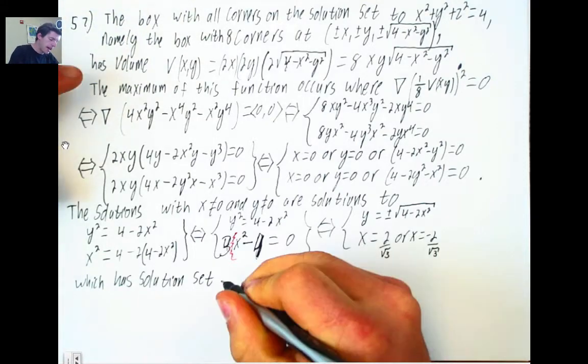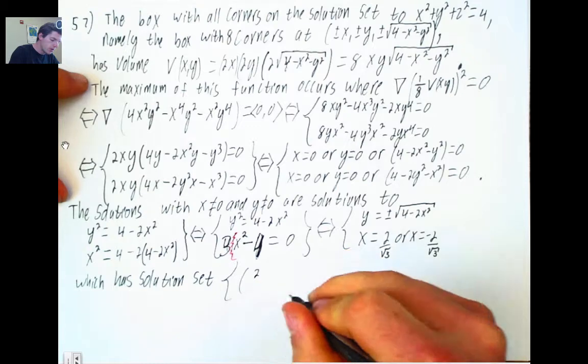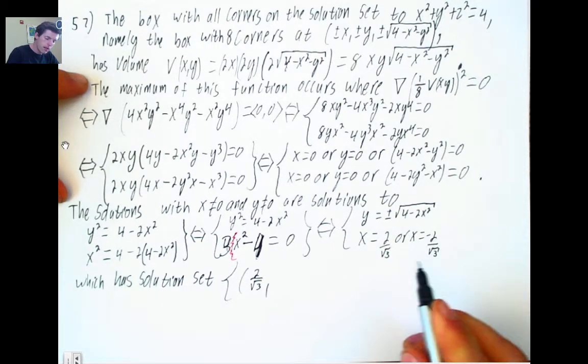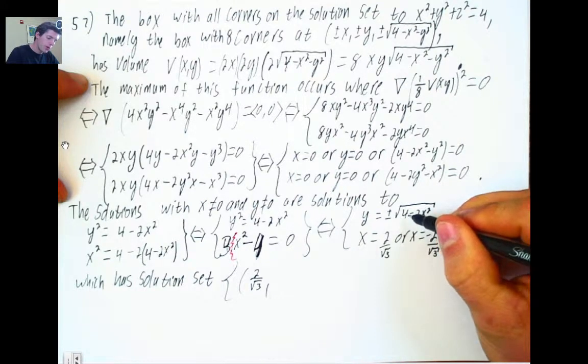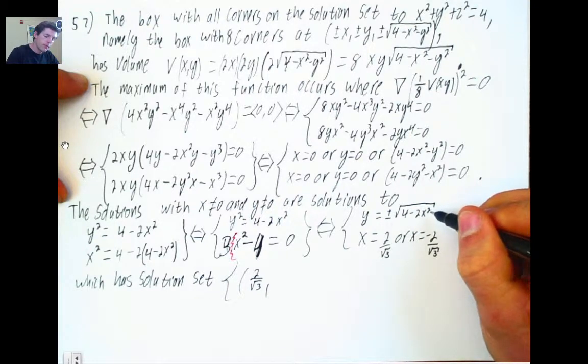Now, which has solution set. Let's see, if I have 2 over square root of 3 for my x, then y is the square root of 4 minus 2 times 4 over 3. 2 times 4 over 3 is 8 over 3.